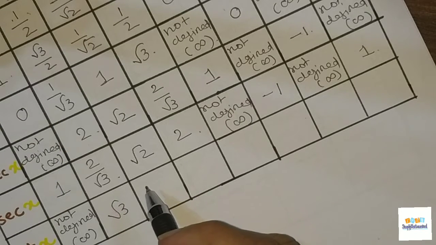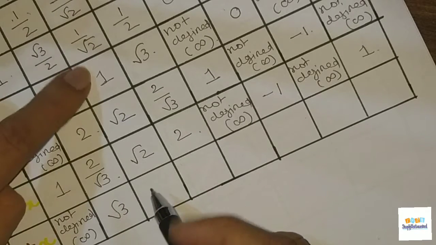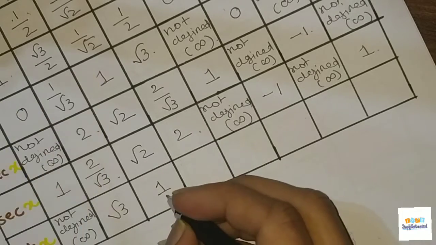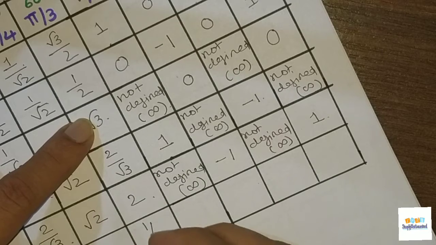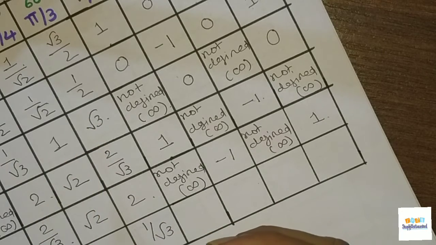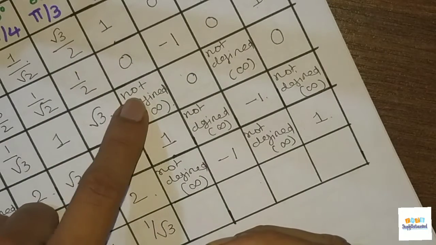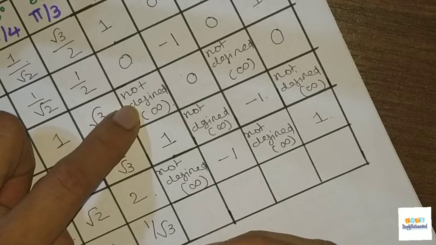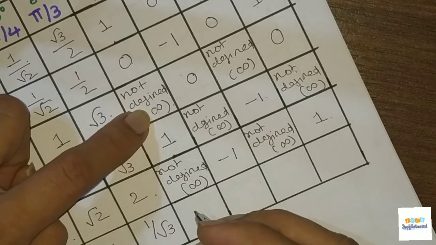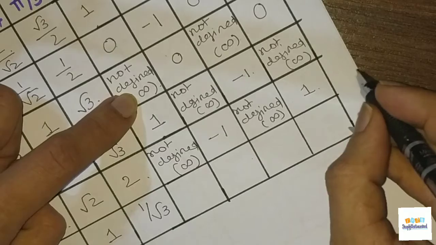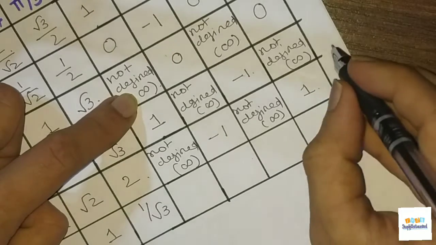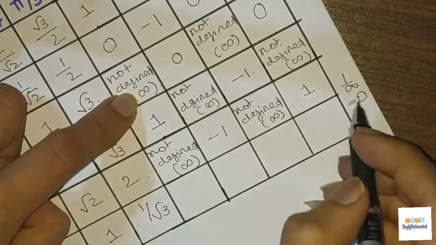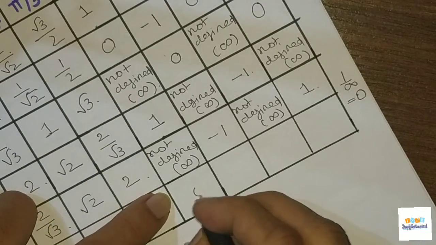Then cot 45 will be reciprocal of this, that is 1. Then cot of 60 will be reciprocal of this, which is 1 by root 3. Okay, then cot of 90 will be reciprocal of this. Reciprocal of infinity is what? It is 0, right? 1 by infinity is 0, so here you will get 0.